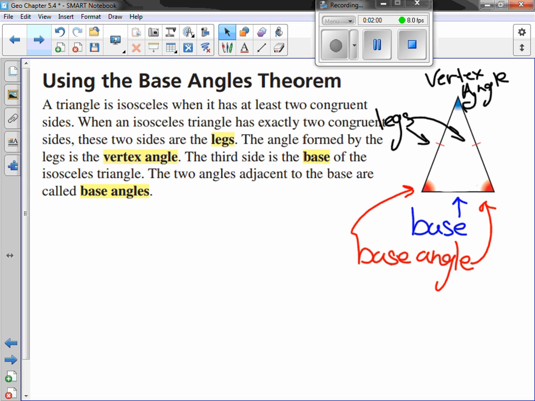So an isosceles triangle has a vertex angle and two base angles, two congruent sides called the legs, and then we also have the base. It's helpful to know these parts because there are going to be some properties that come from them.